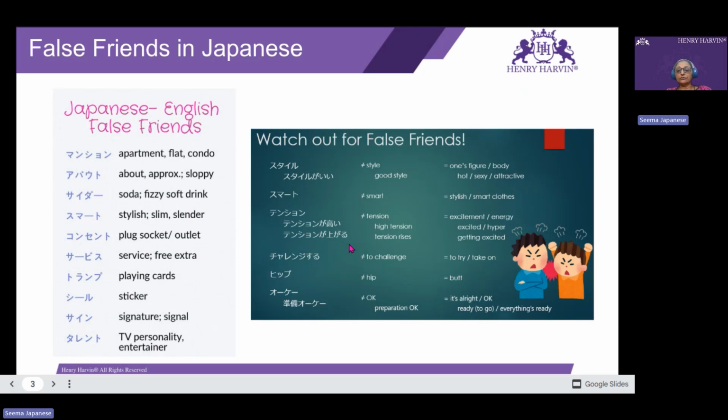Tension ga agaru, tension rises, getting excited. So the word tension is not something like stress. Okay. Then charenji suru, to challenge, to try, to take on something. Then hip, hip is the butt. Then okay, okay is all right, okay. Then junbi okay, preparation okay, ready to go, everything is ready to move ahead, right?